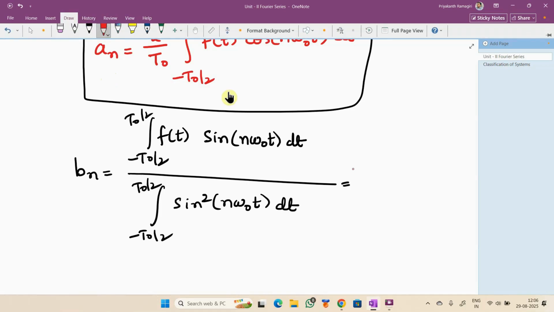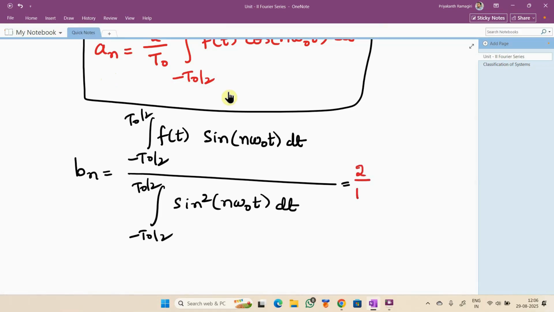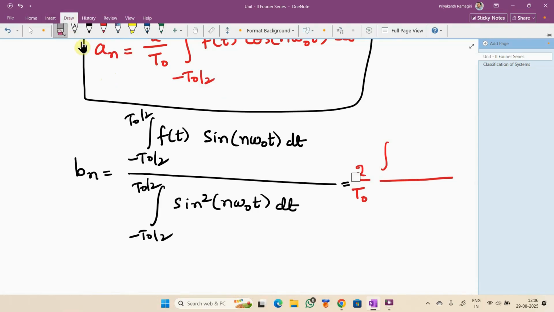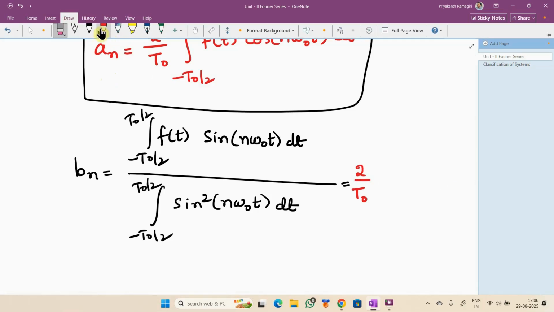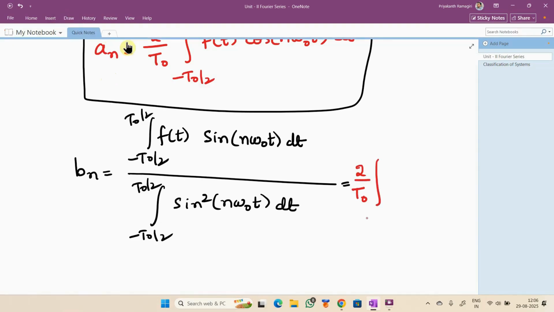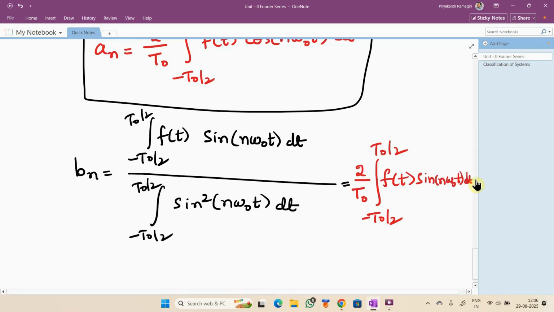Yeah, you'll again get t naught by 2, so that can be represented as 2 by t naught integral minus t naught by 2 to t naught by 2, f of t sine n omega naught t dt.